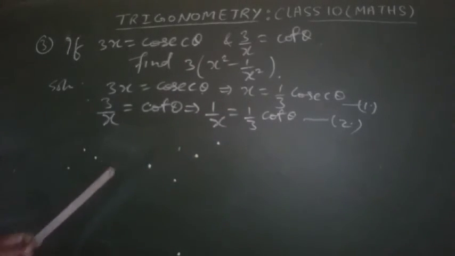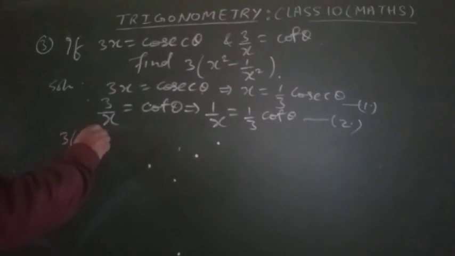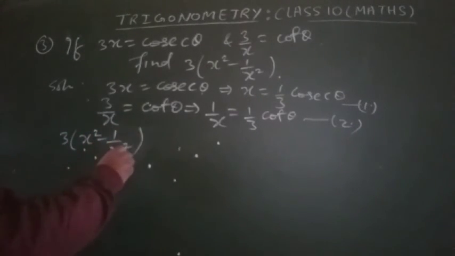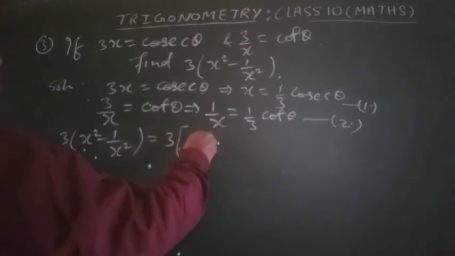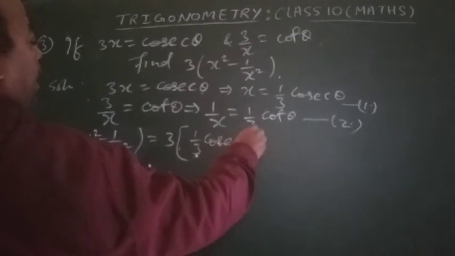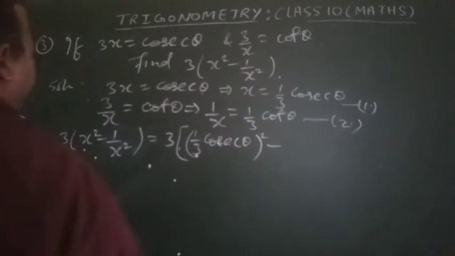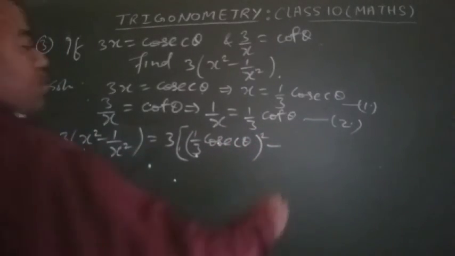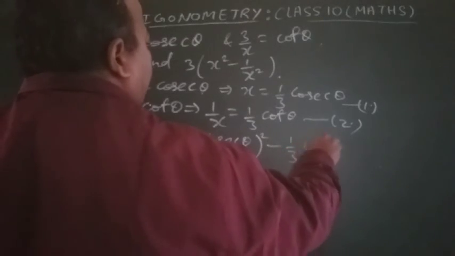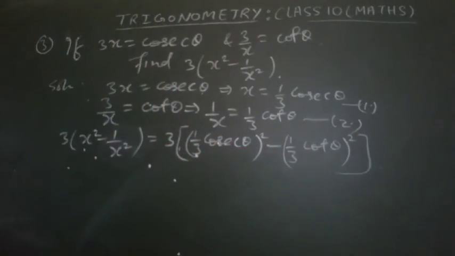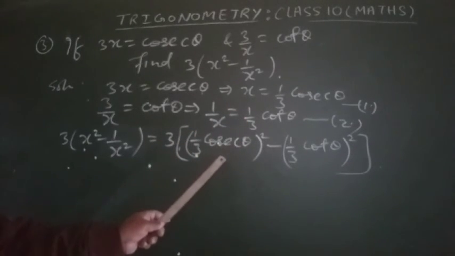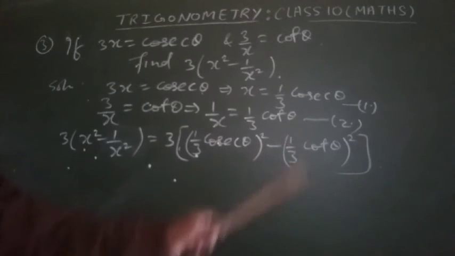So we just put the value in this, 3 into x square minus 1 by x square. 3 into (1 by 3 cosec theta) whole square minus (1 by 3 cot theta) whole square. Clear?